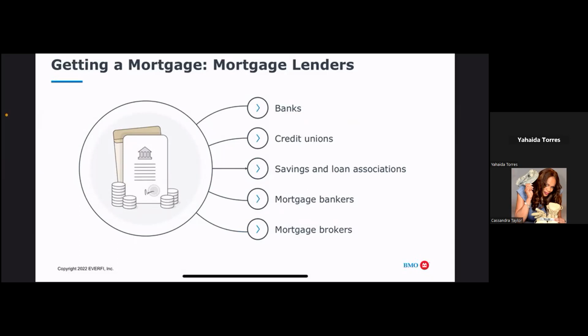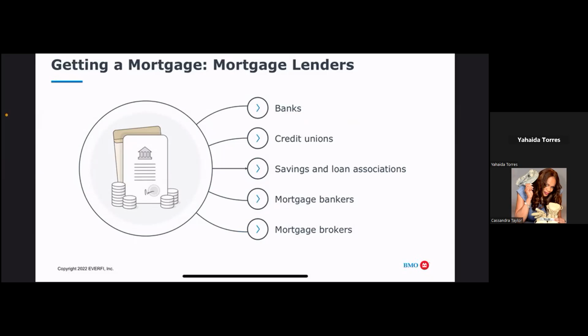When it comes to mortgages, banks and credit unions usually work with a mortgage loan originator. These are people who specifically work for a bank, and they're going to help you with your requirements and your qualifications.